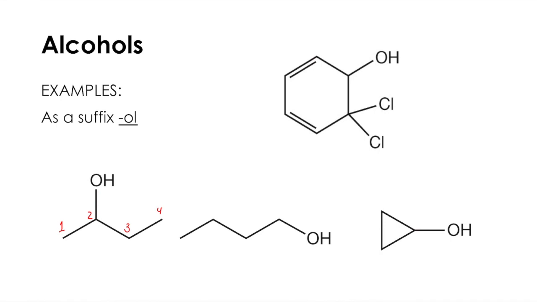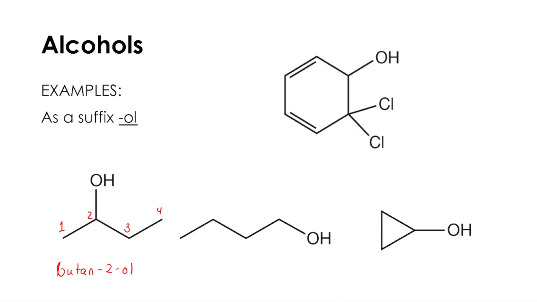And then to name it, instead of making the OH a prefix, because it's a functional group, we're going to make it the suffix, the OL. So we call it butan-2-ol, because it's a butane backbone with an alcohol on position 2, like that.